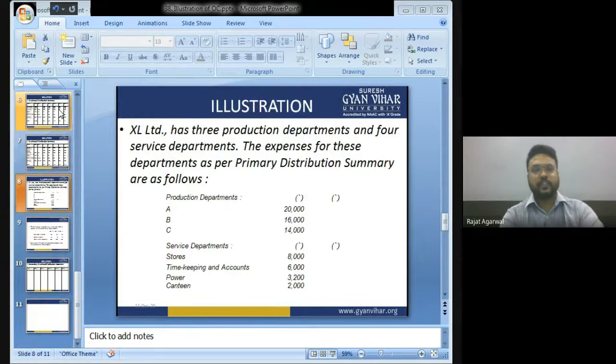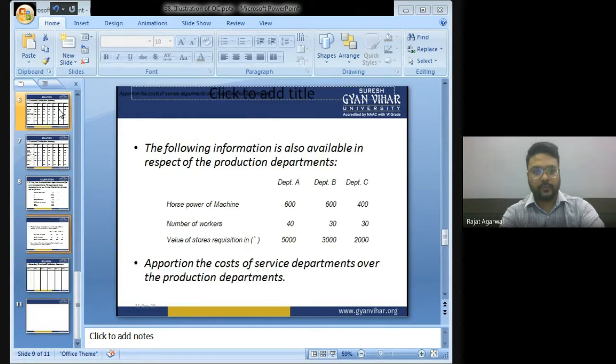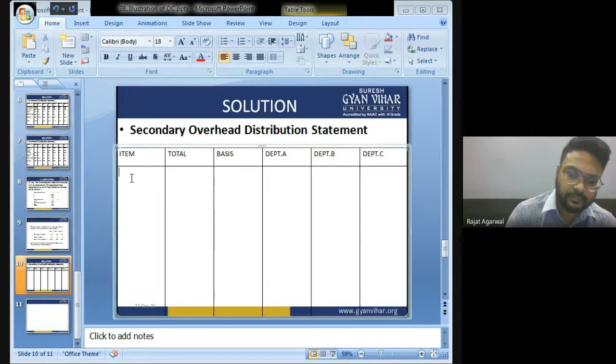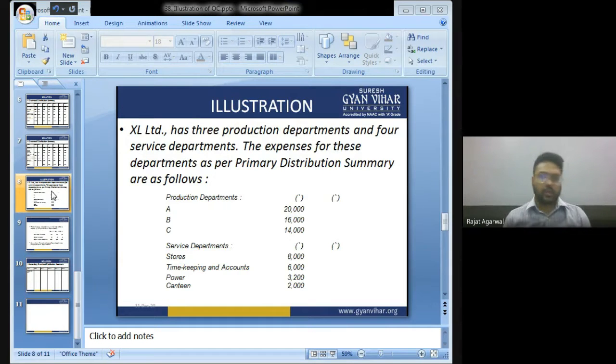Now expenses of production department are already distributed. Production department expenses: let's make a total of the expenses. 20,000 plus 16,000 plus 14,000.